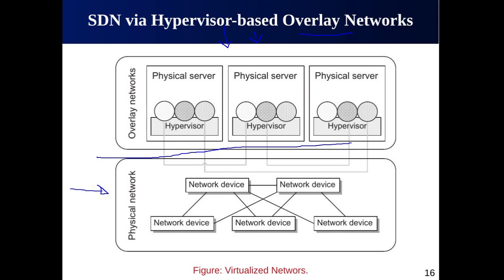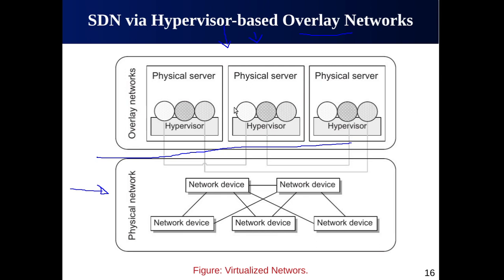Since these virtual networks exist above the physical infrastructure, they can be controlled entirely by the devices at the very edge of the network. In data centers, for example, these would typically be the hypervisors of the virtual machines that are running on each server.